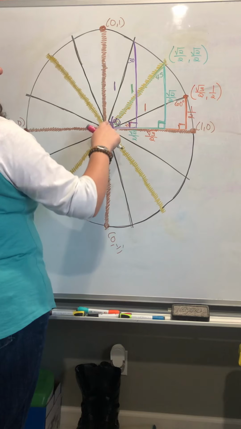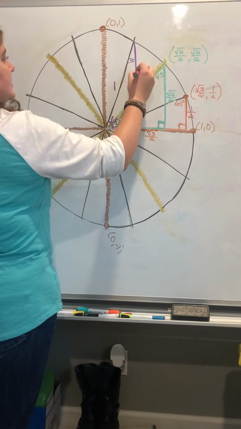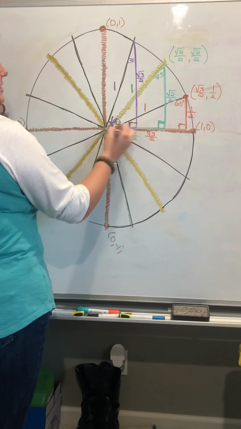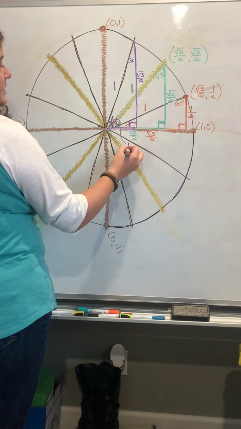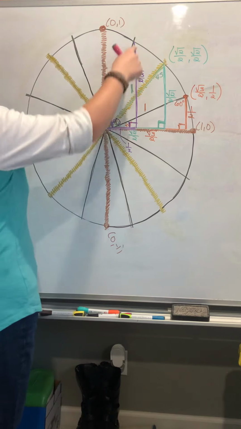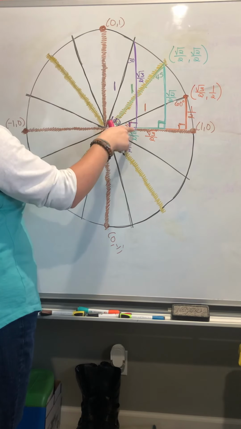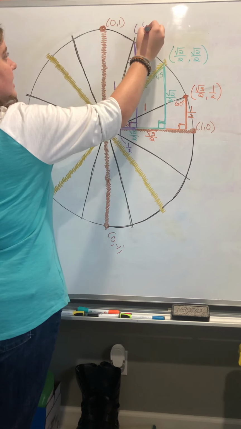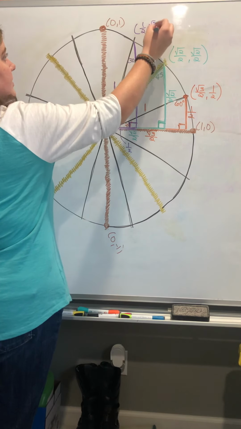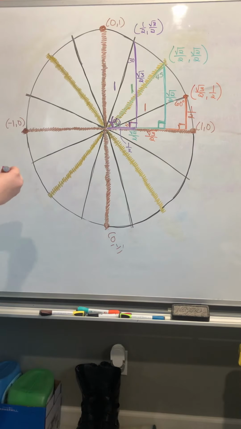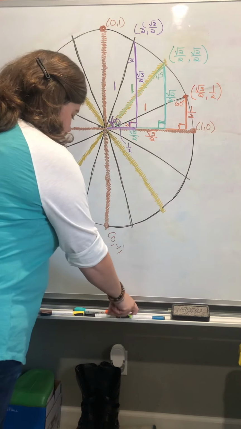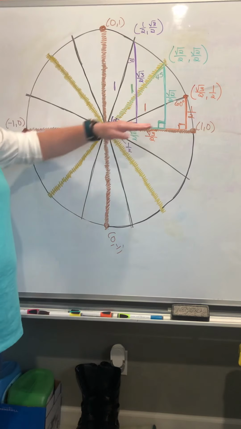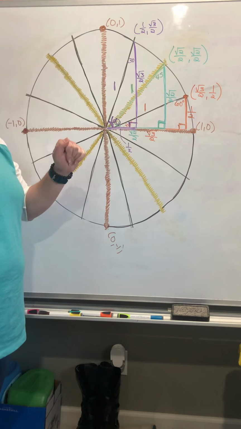The long piece is still square root 3 over 2, and the short piece down here is still 1/2. So at this coordinate, we only went over 1/2, and then up square root 3 over 2. So 1/2, square root of 3 over 2. That is where all of these fractions are coming from. It's from these 3 special right triangles.